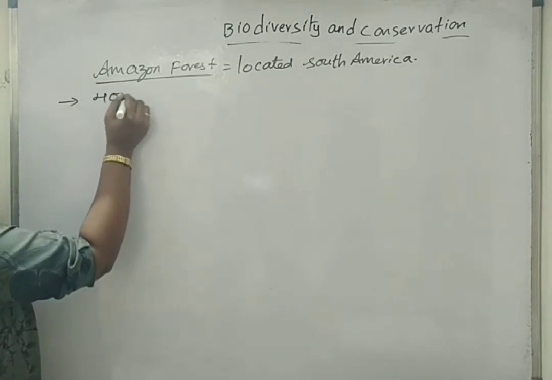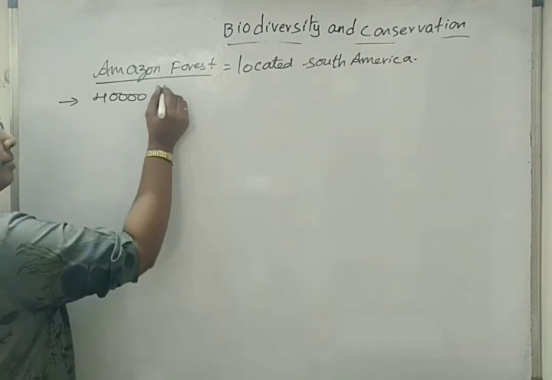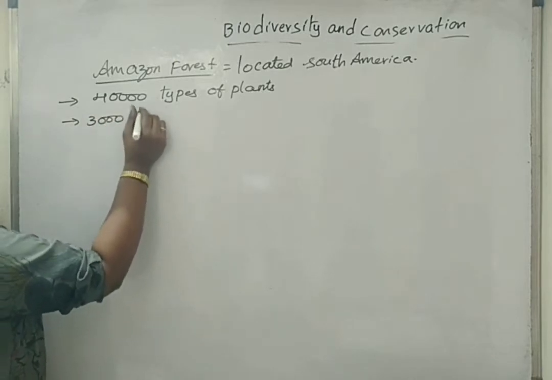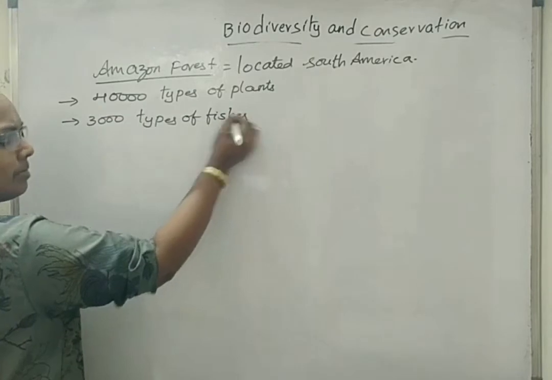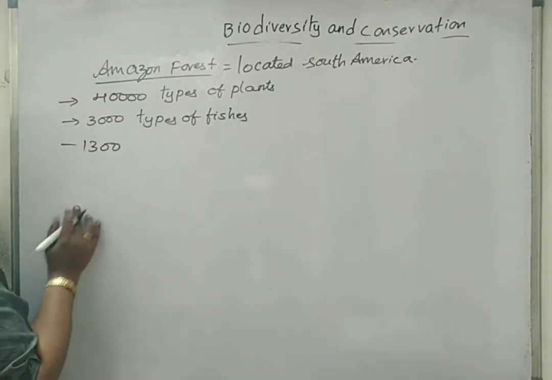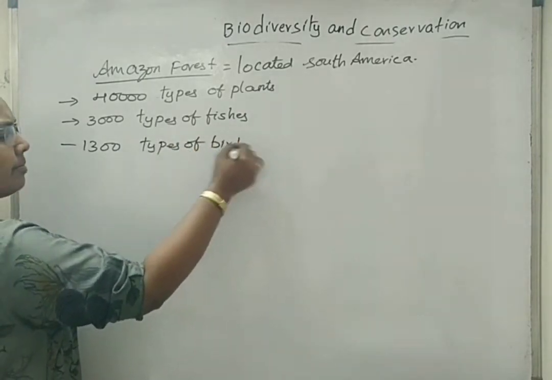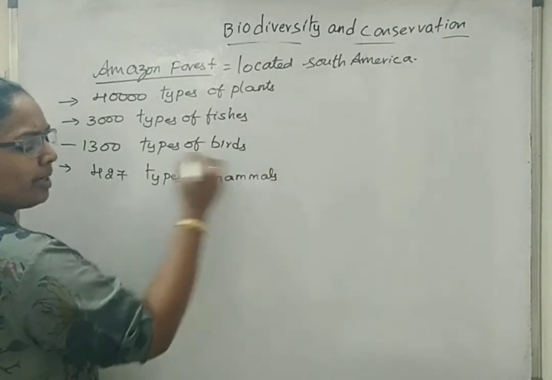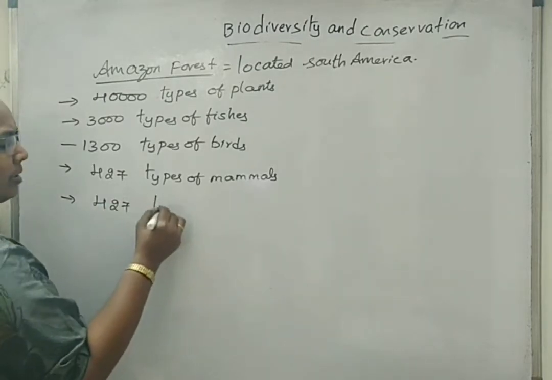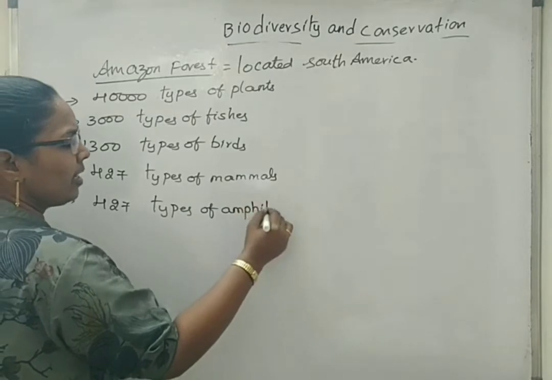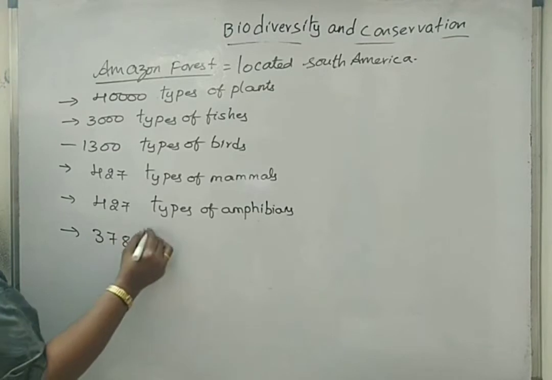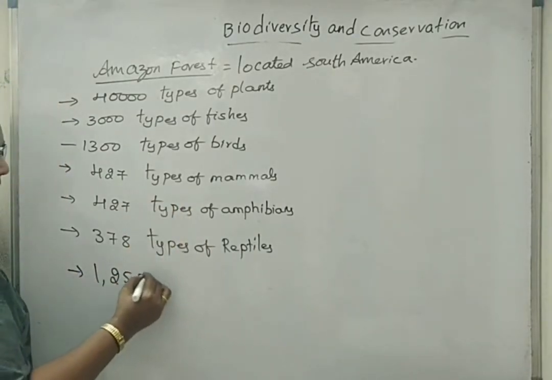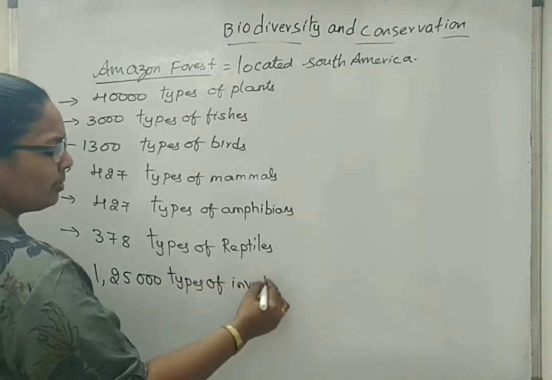It is said that there are 40,000 types of plants, 3,000 types of fishes, 1,200 to 1,300 types of birds, 427 types of mammals, the same number for types of amphibians, 378 types of reptiles, and 125,000 types of invertebrates.